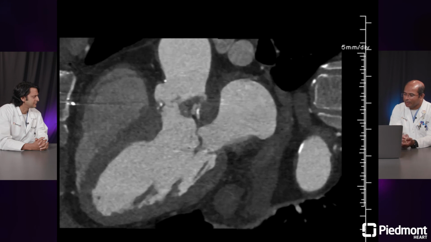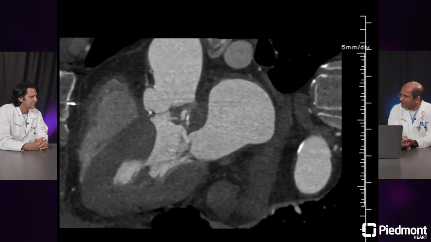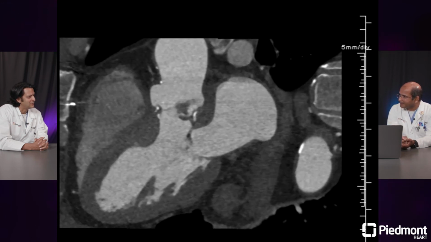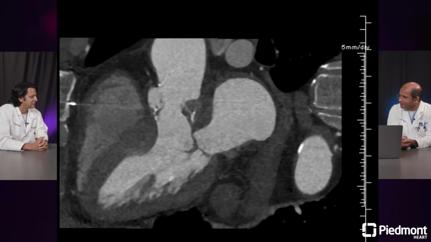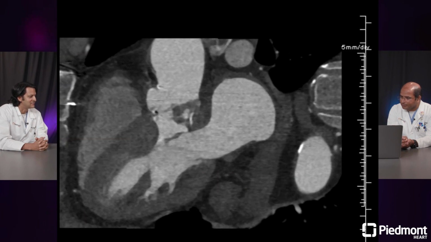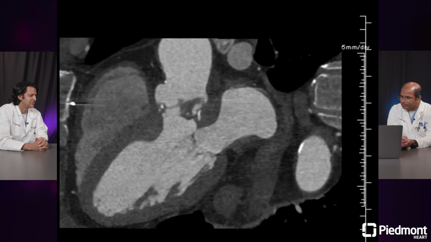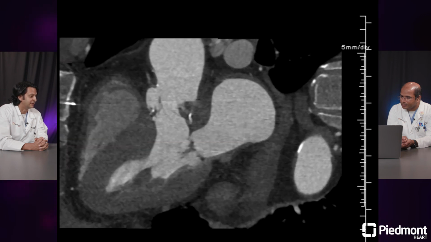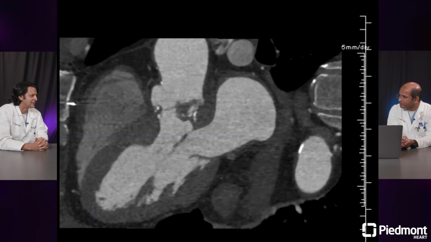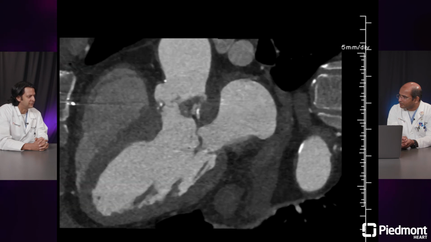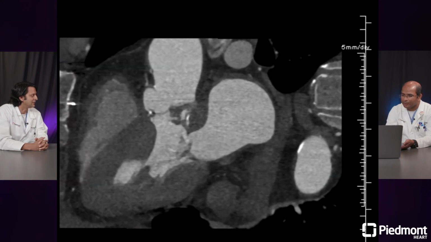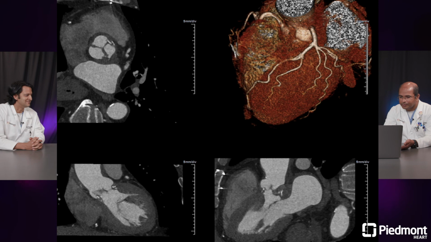Was the gradient higher on the transthoracic echo in this patient? On this patient, actually, no. The gradient was about the same as it was prior to this even being suspected. So the post-surgical gradient to the most recent gradient was about the same. Wow. Didn't have any findings that would even push you towards that. It was really just the bacteremia and the clinical findings of the recurrent TIAs.